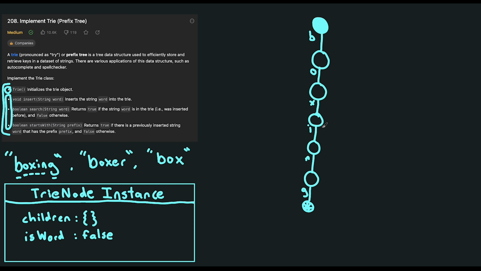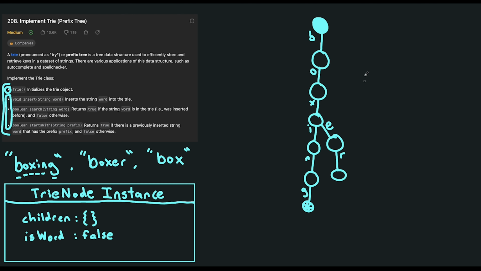It says, nope, just the I key. And so no problem. We'll create the E key, and we'll set it equal to this new node. And then we ask that node, hey, do you have the R key? No, you do not. Okay, so we'll create this new node, and we'll set that equal to the R key. So that's how we insert.